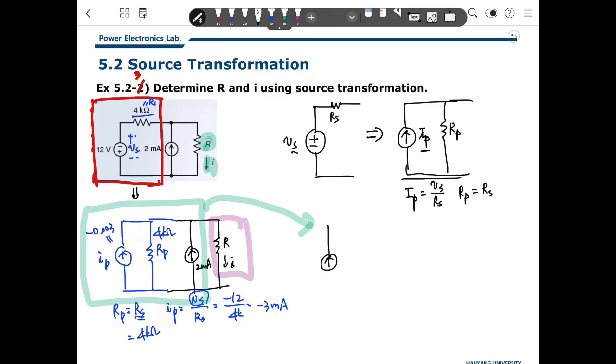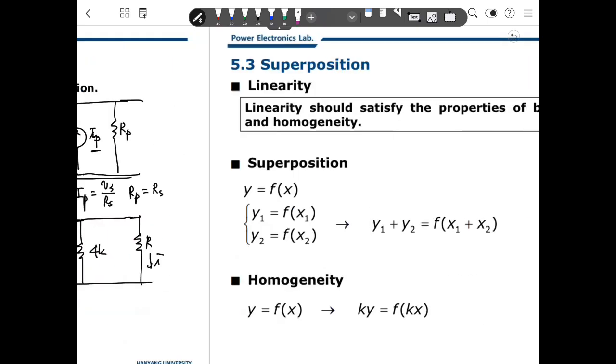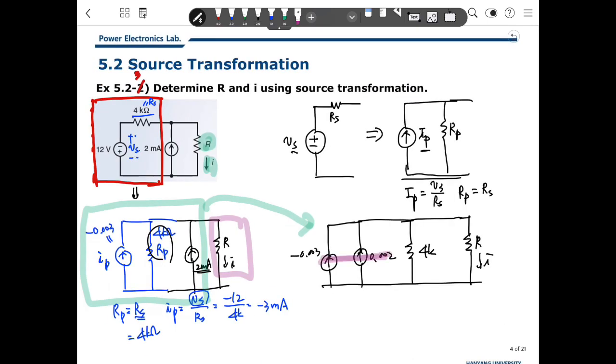Then there will be one current source, minus 0.003, and another current source 0.002, and one parallel resistor of 4 kilo ohm. Then our target is this R and I here. Because these are current sources, we can redraw. That will be minus 0.001, and this is 4 kilo ohm. This is R.